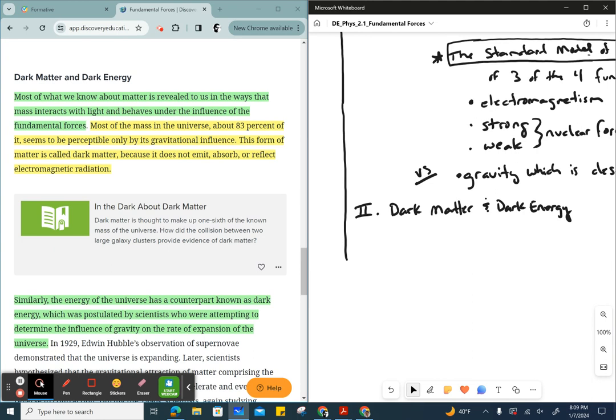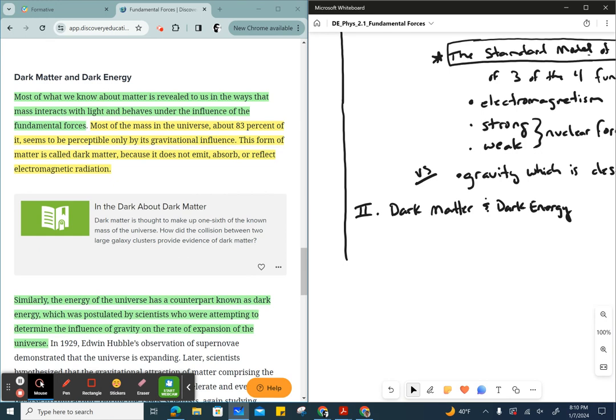So in green, the main idea here: most of what we know about matter is revealed to us in the ways that mass interacts with light and behaves under the influence of the fundamental forces. Most of the mass in the universe, about 83% of it, seems to be perceptible only by its gravitational influence. That's interesting.